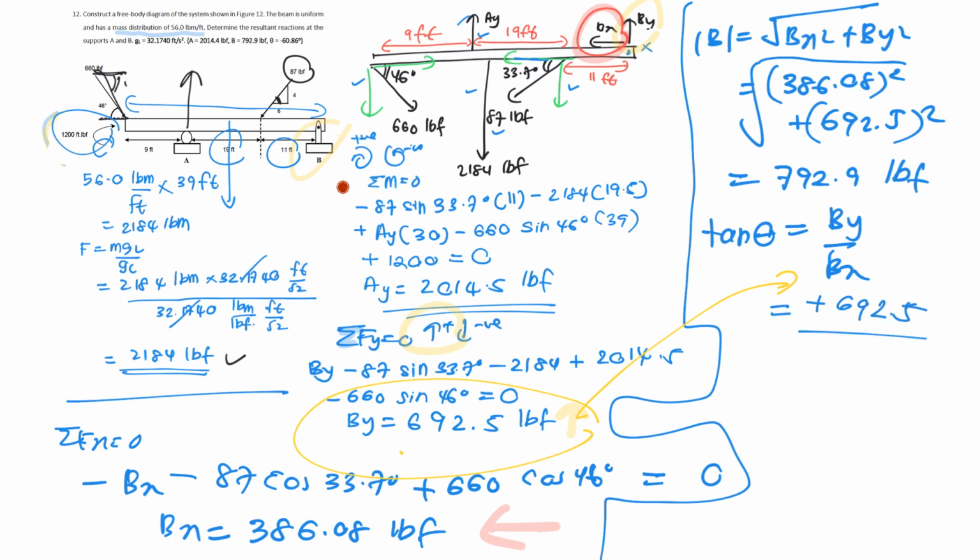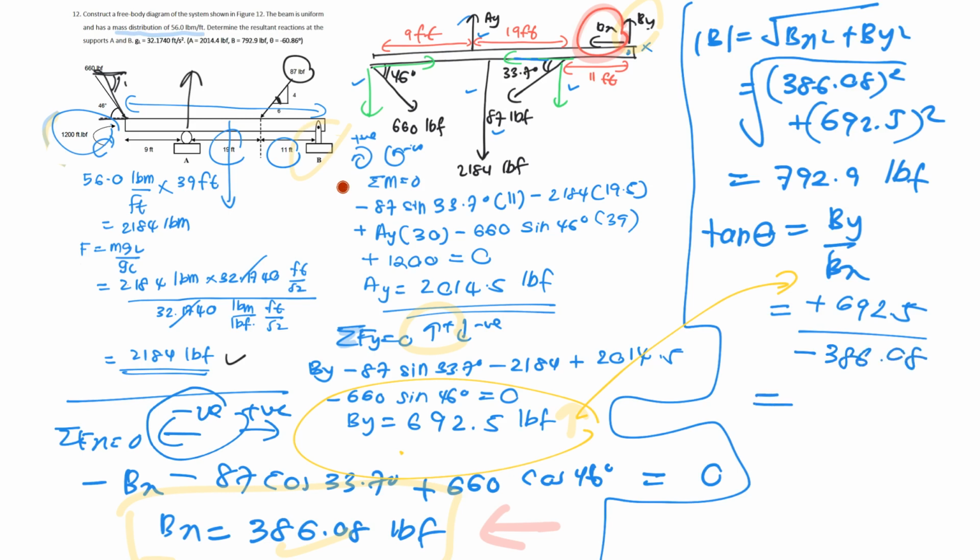692.5 over, for the BS I get my answer correct. I assume to the left, which means my BS is left negative, right positive. Because I get the correct direction, which is towards the left, I put negative, so it should be negative 386.08.